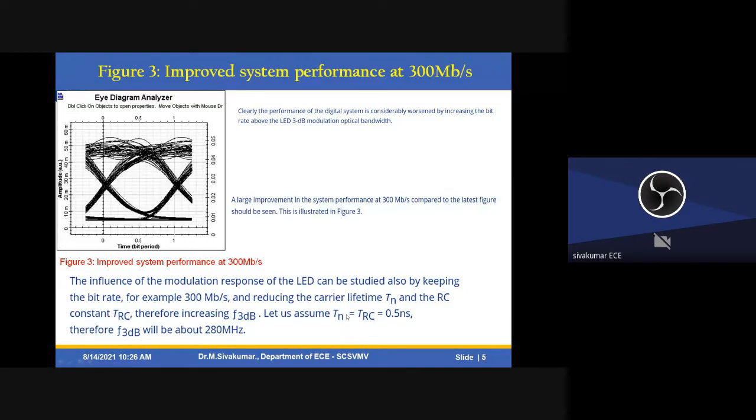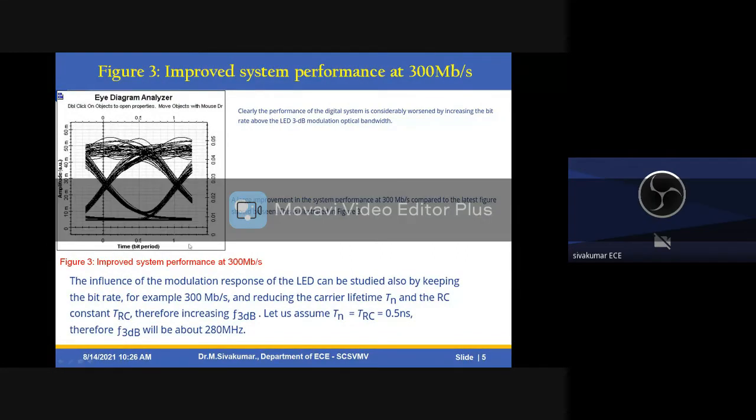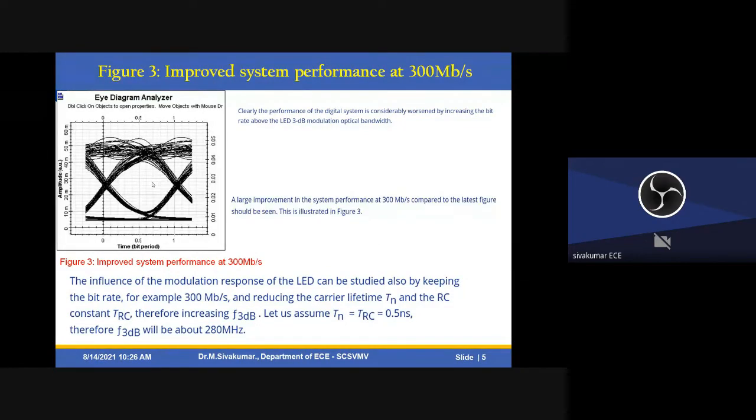Here, let us assume Tn and TRC equal to 0.5 nanosecond. Therefore, your 3 dB frequency will be 280 megahertz. Based on that, you calculate the frequency also. In this manner, you analyze the performance of the 300 MB per second optical fiber communication system.